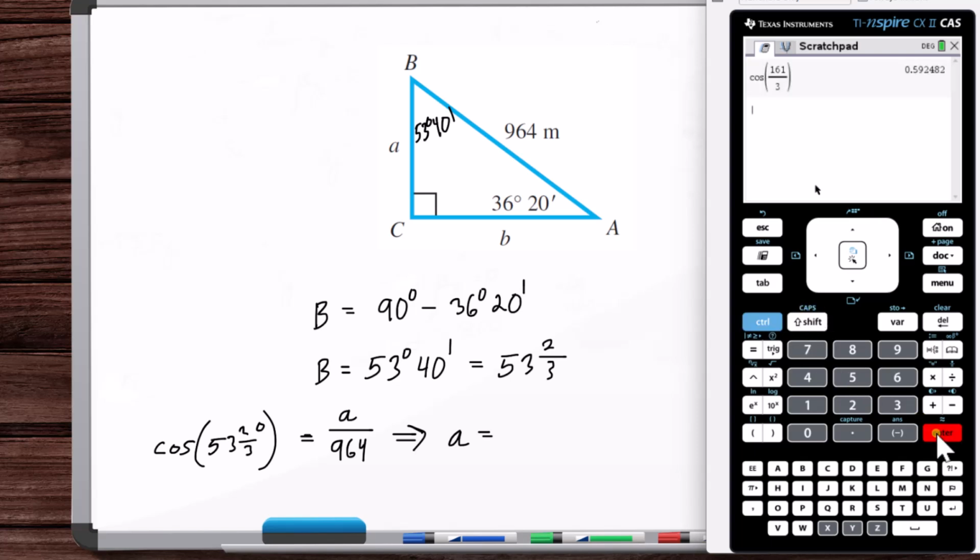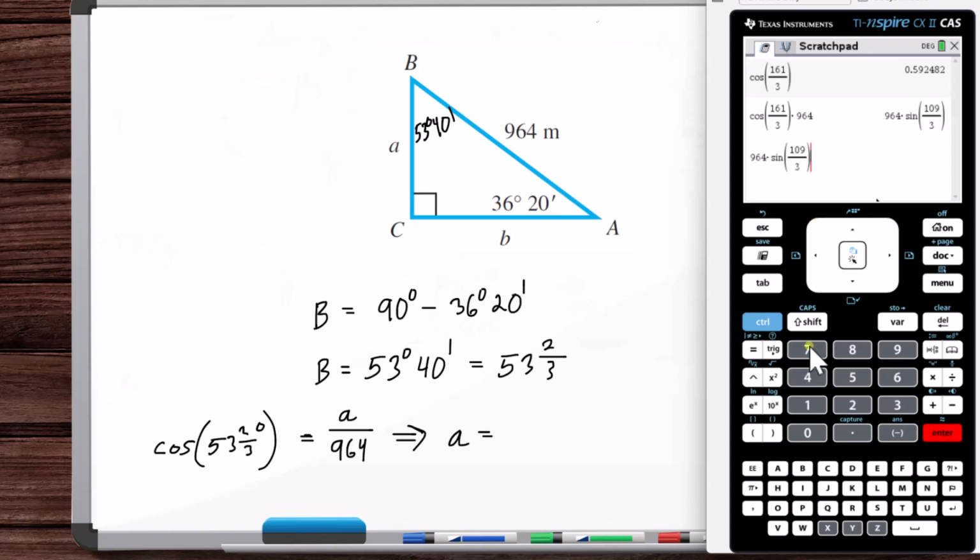Let's leave that exact for the moment, times 964. That's the exact answer, because the calculator can't simplify the cosine of 161 over 3 any further.